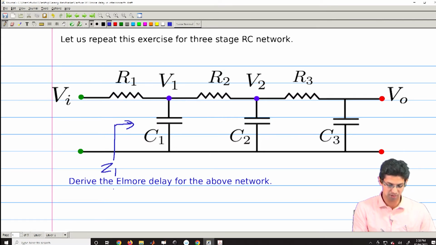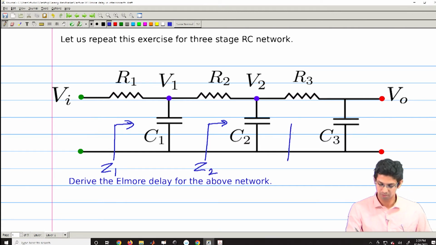Let the impedance seen from this point be Z1, impedance seen from this point be Z2, impedance seen from this point be Z3. Here this is V2, and the voltage at this point is V1.